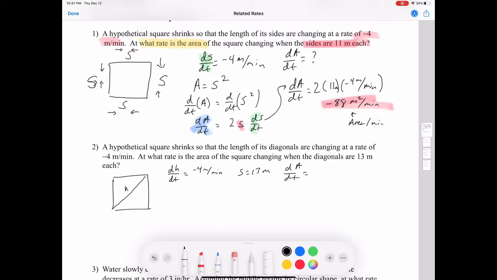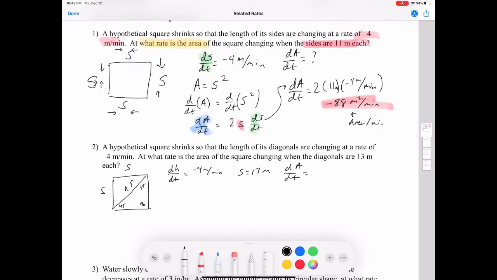Now, if you remember, since this is a square, I'm looking for s here. How can I get from h to s, right? How can we get from the hypotenuse to the s? Since this is a 45, 45, 90 right triangle, we know the relationship.